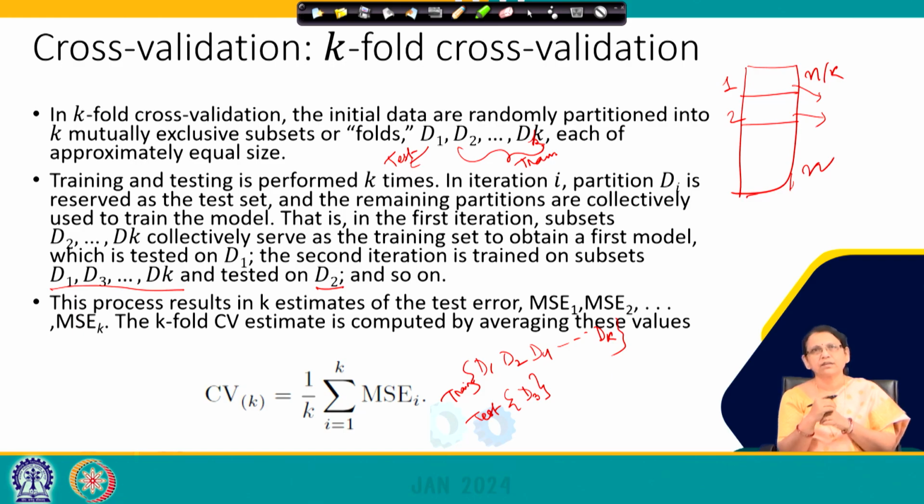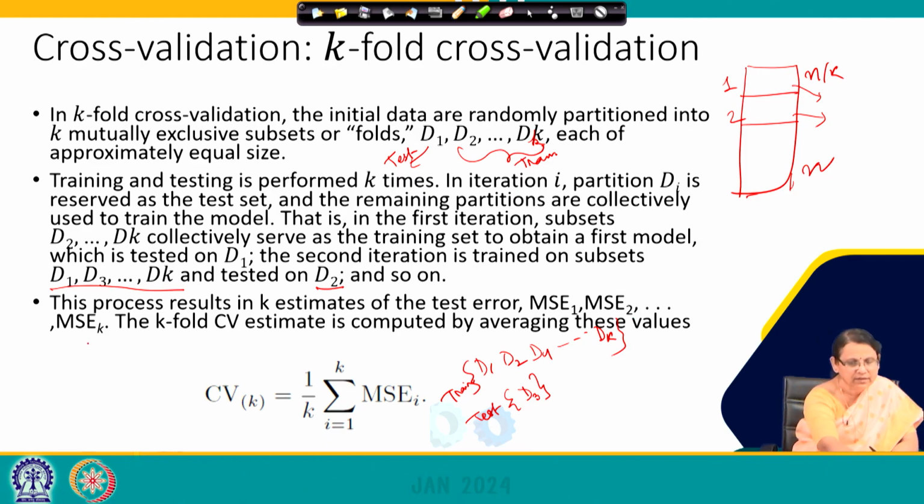As a result, we make sure that all the data points participate in both the training set as well as the test set. Through this process we can have a total of k estimates of test error: mean square error 1, mean square error 2, up to mean square error k, and the average of that will give us the k-fold cross validation mean square error.